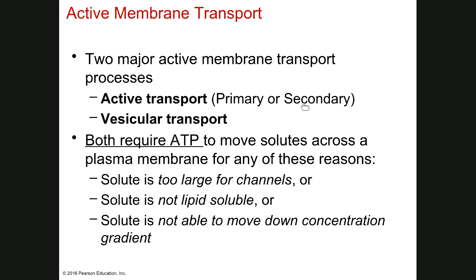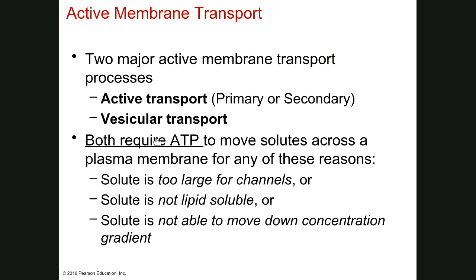We are focusing in this class on primary active transport, not secondary, but you should just know secondary exists. The second type of active membrane transport is vesicular transport, and we'll just mention a little bit about it. Both of these require ATP, so energy is needed to carry out the transport.